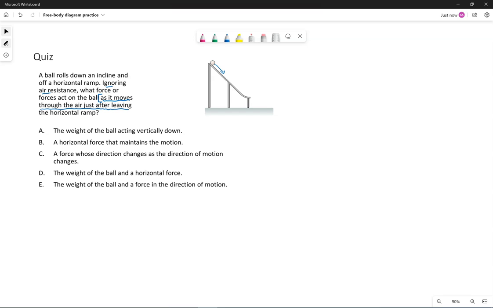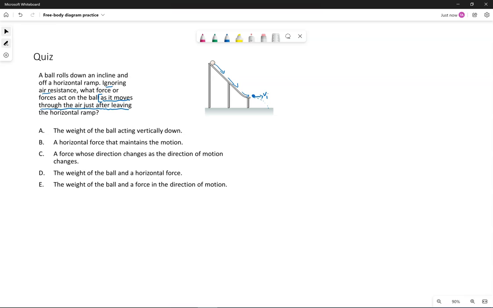We know this ball rolls down the ramp, turns, and then leaves the ramp. Now, granted, as it leaves the ramp, it's going to have an initial velocity. Its motion from there will be projectile motion.